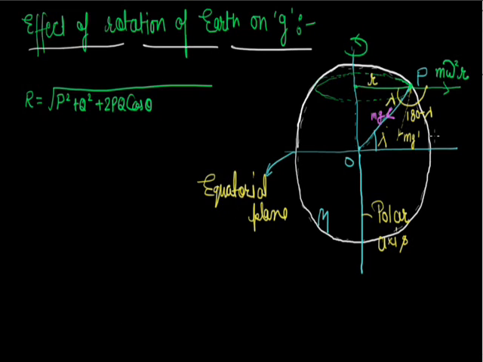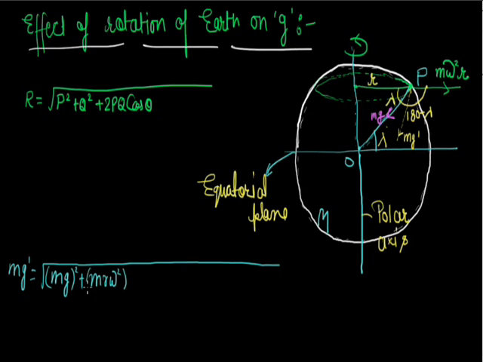In a similar way, we can calculate the resultant of mg and m omega square r, and here the resultant mg dash will be root of (mg) whole square plus (m r omega square) whole square plus 2 mg m r omega square cos of (180 minus lambda). This will be the resultant.